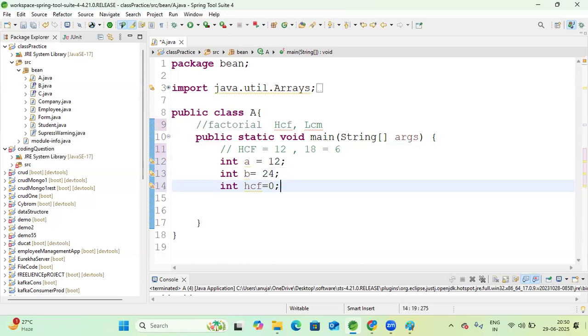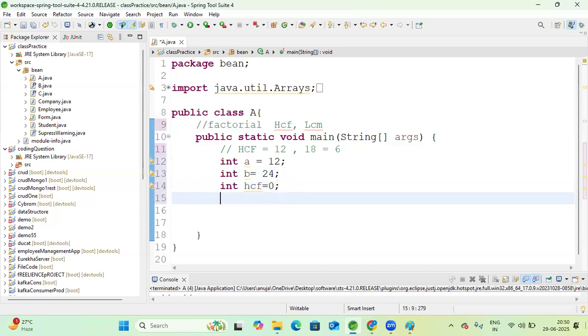Now with the help of a for loop, for int i equal to 1, i is smaller than or equal to A and i is smaller than or equal to B, then i plus plus.